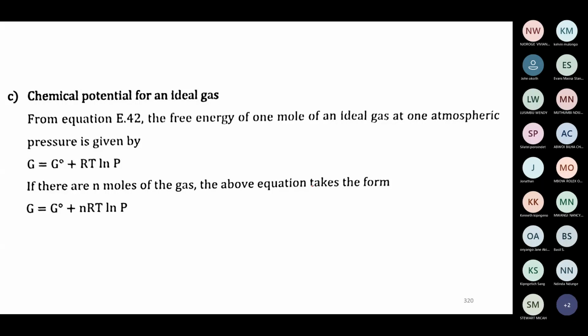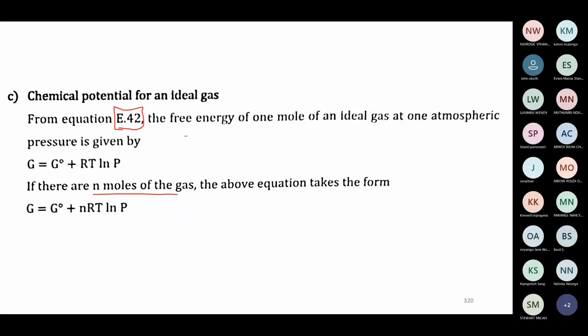Now, from equation E42, this is way back, you can refer to this when you get the notes, the free energy of 1 mole of an ideal gas at 1 atmospheric pressure is given by G equals G naught plus RT ln P. So if there are n moles of the gas, the above equation is going to take this form: G equals G naught plus nRT ln P.